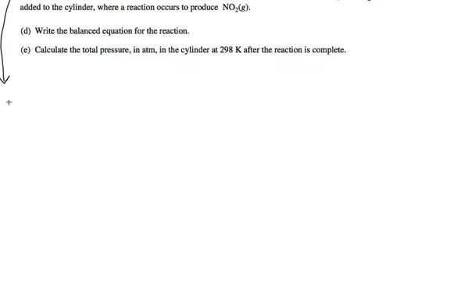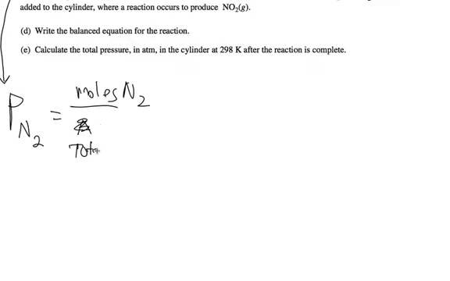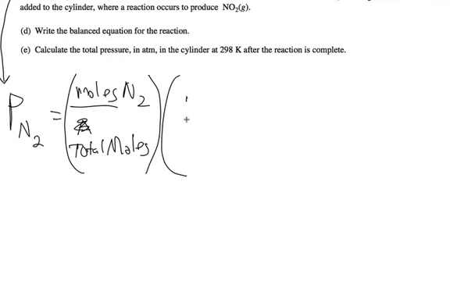So we're going to use the partial pressure equation: partial pressure of nitrogen equals moles of nitrogen divided by total moles, multiplied by P total.